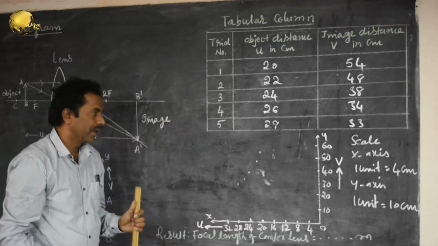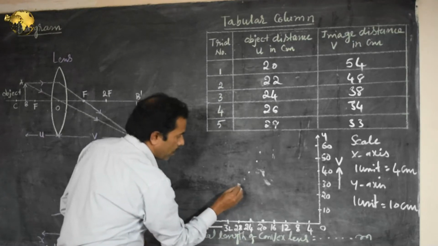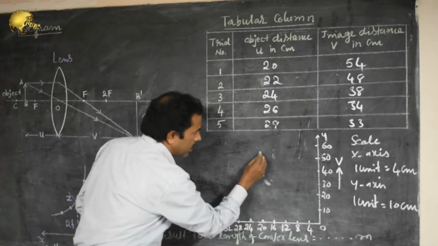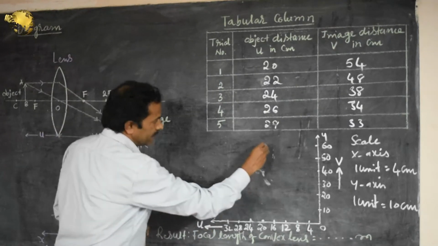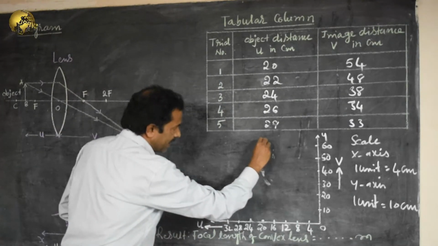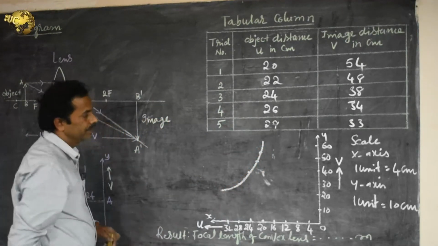So this is the graph we obtained from the experiment. These are the points we have got on the graph. Let us join all these points. We will get a hyperbola.